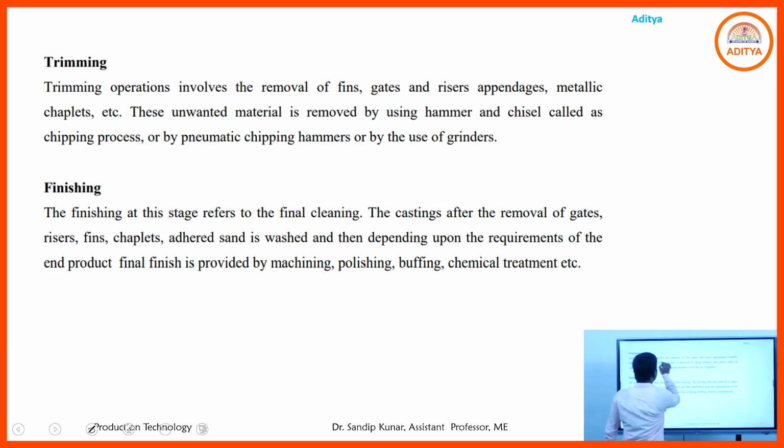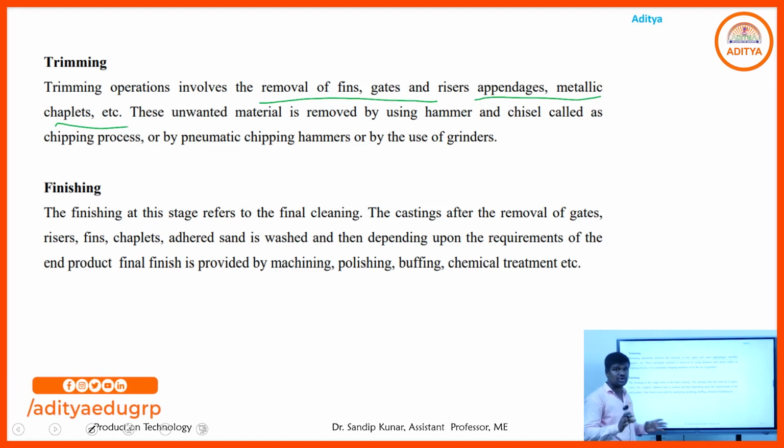It involves the removal of the fin, gate, risers, metallic chaplets. Then this unwanted material is removed by using hammer or chisel, that is called the chipping process. Sometimes we also use some machining process to remove some extra parts.